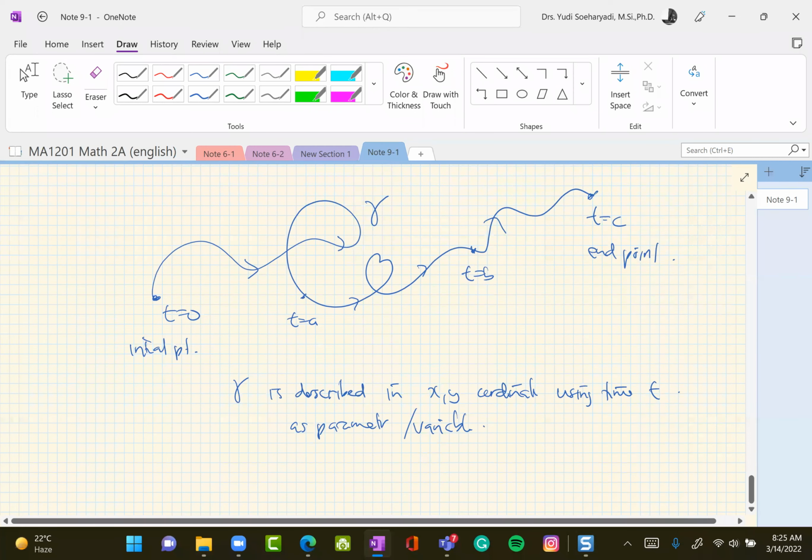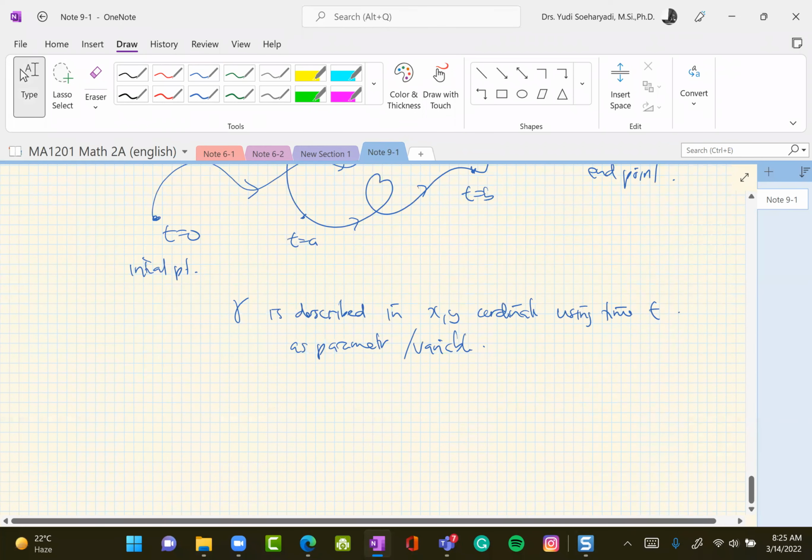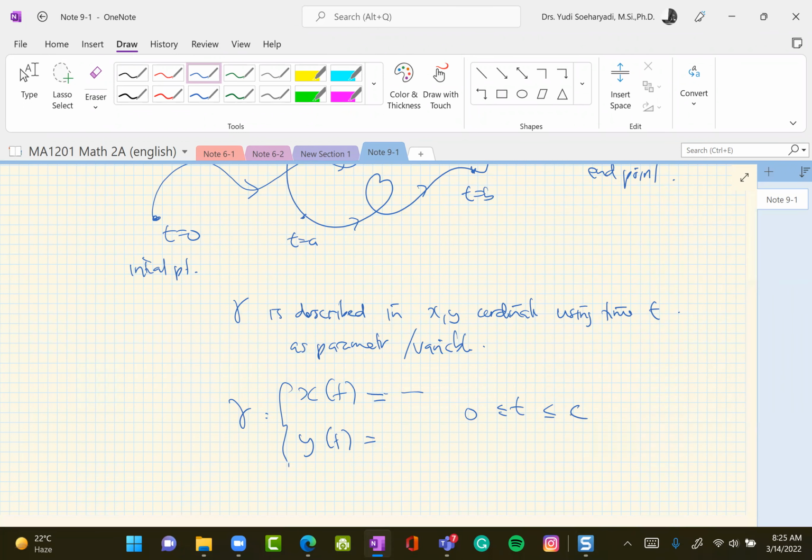Parameter and variable are pretty much the same. So here x is something and y is something, for t from, say, 0 to c. This is what we call parametric representation of a curve.